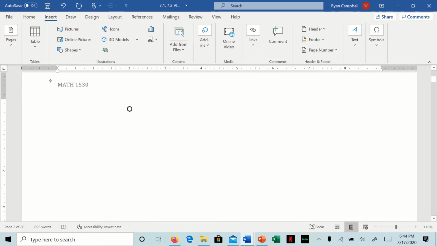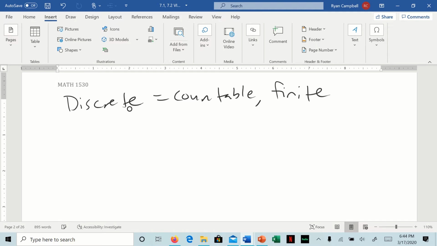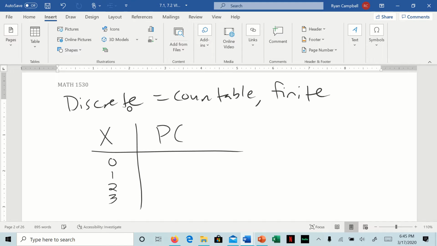When we had discrete, discrete is countable. So that means it's a finite number, right? Finite means there's a stopping place. You can count it. So all of our random variables were like 0, 1, 2, 3, and we could write out what their probabilities were off to the side.